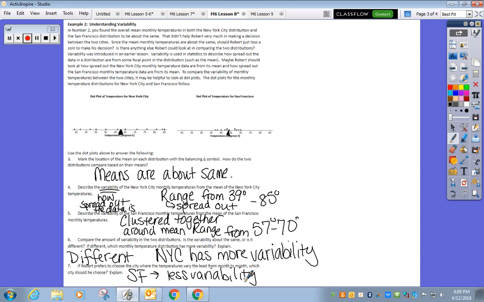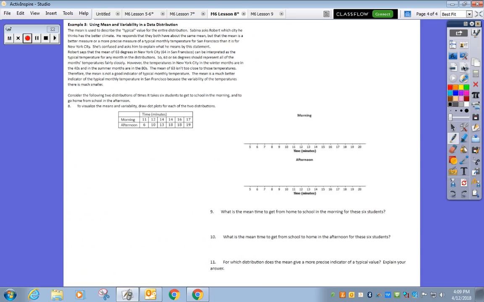There's not a wide range of temperatures. They're much more clustered together. It's more likely to step outside and have it feel the same on any single day of the year, as in, coming from New York, if you step outside one day in the winter, it's going to change a lot from stepping out one day in the summer. Okay, so that's that idea of variability, how far spread out data is.